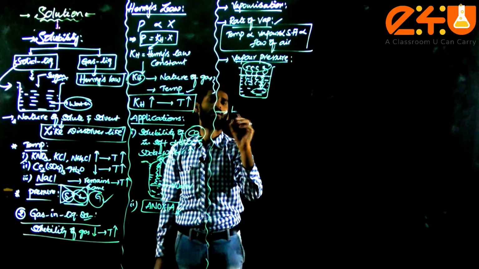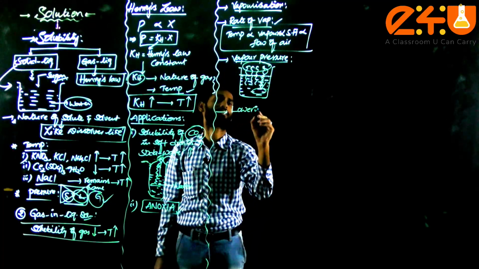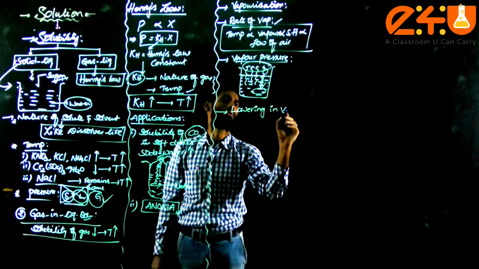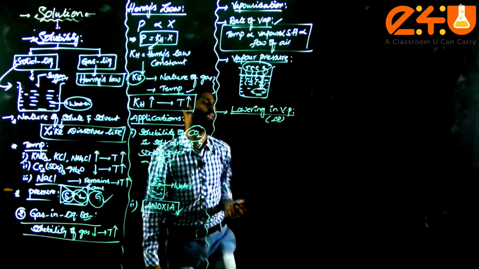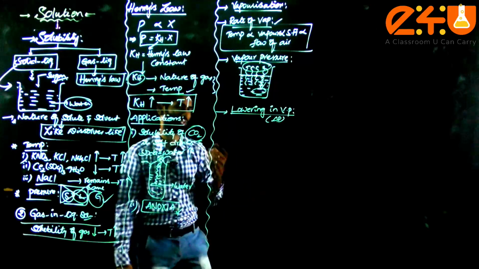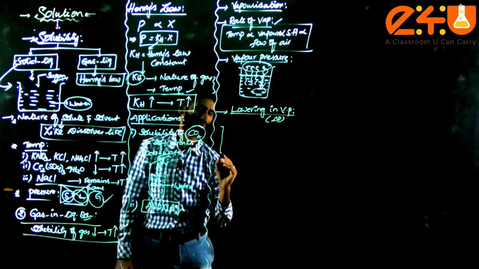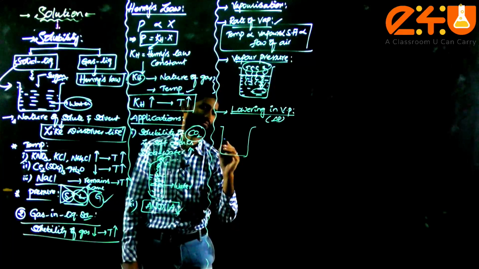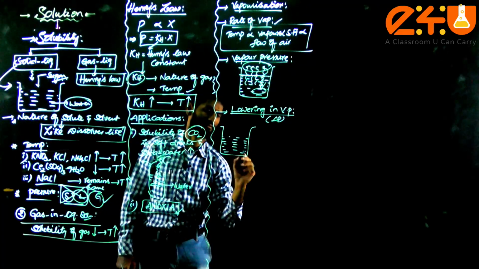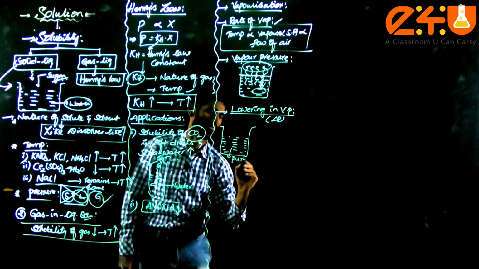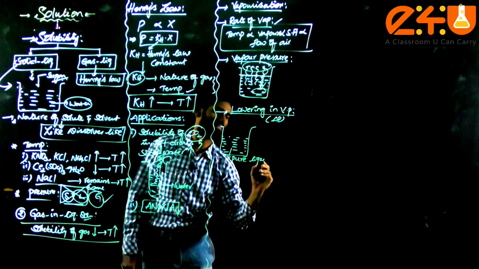Next one comes under lowering in vapor pressure. Generally it is represented with delta P. What is meant by lowering in vapor pressure? I am taking two containers. In one container I have considered only pure liquid, that is called a pure solvent.